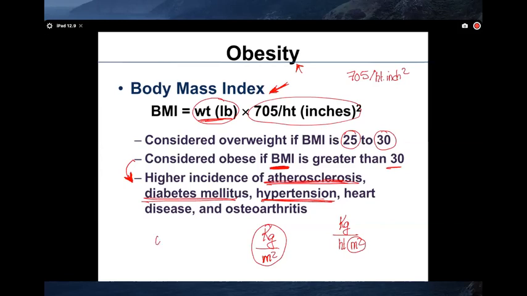Also, narrowed vessels will increase the risk of developing myocardial infarctions and other heart disease. Also, having extra pounds will put more weight and stress on my joints, which will cause inflammation and destruction of my cartilage and irritation of the bone. This is what we call osteoarthritis.